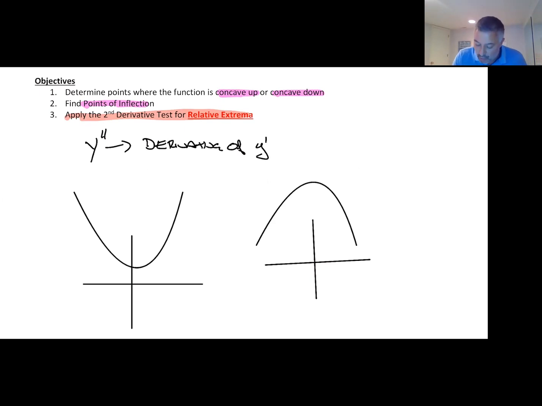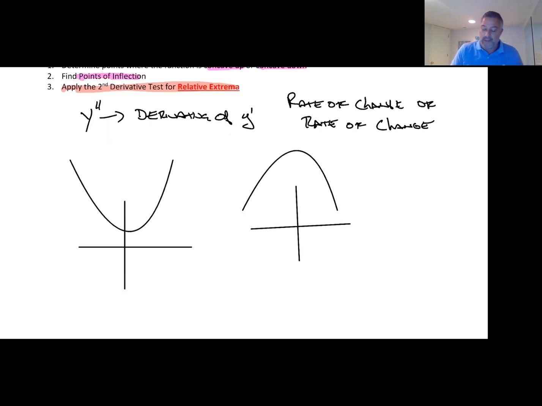So it is the rate of change of the rate of change. How fast is the rate of change changing? And what is it doing? So let's have a look.